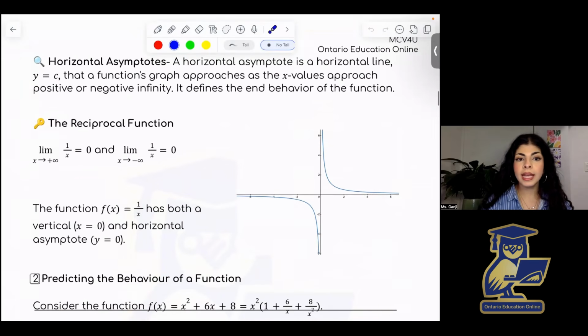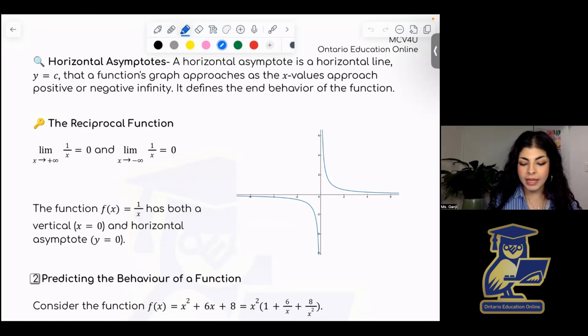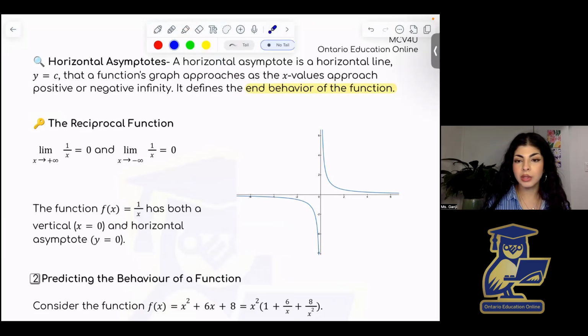So as x is getting greater and greater, either in the positive direction or the negative direction, then we are approaching a horizontal line. And this also tells us what we call the end behaviors of the function. So as the function continues on, that's kind of like the end behavior. And what is the curve doing?